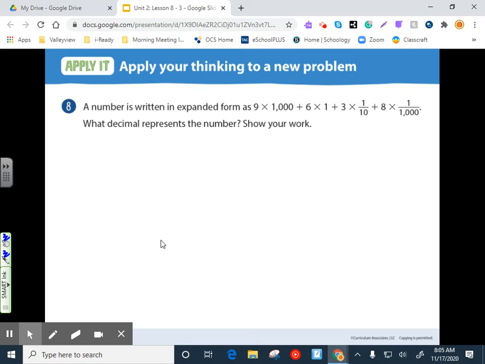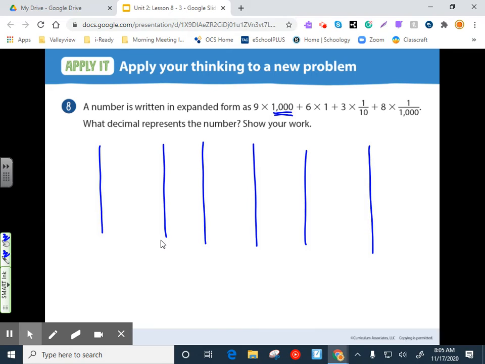All right, a number is written in expanded form. Okay, I like these, but we're going to have to build a really big place value chart because of this thousands place. So 1, 2, 3, 4, 5, 6. It's a whole bunch. So all the way over here is thousands.